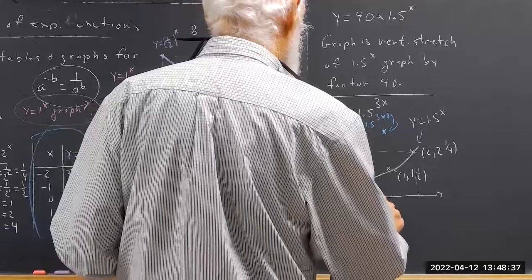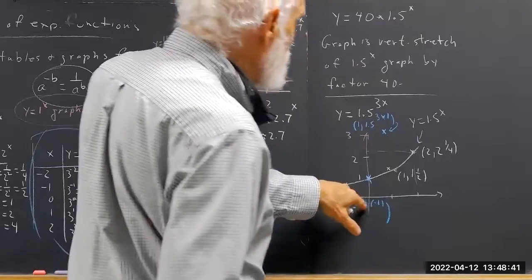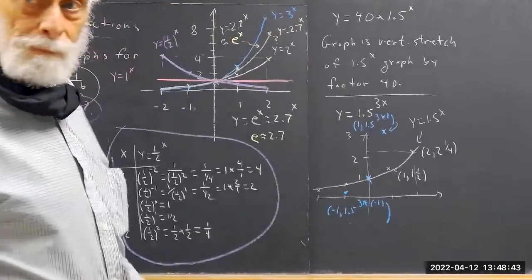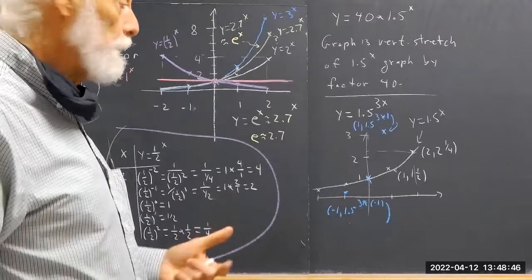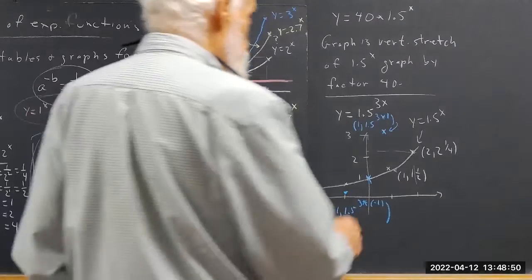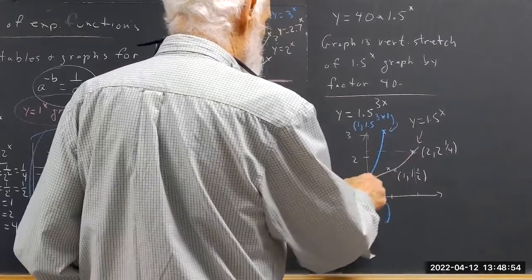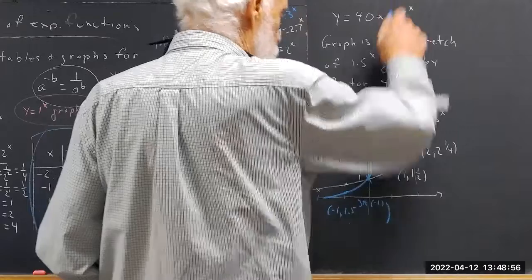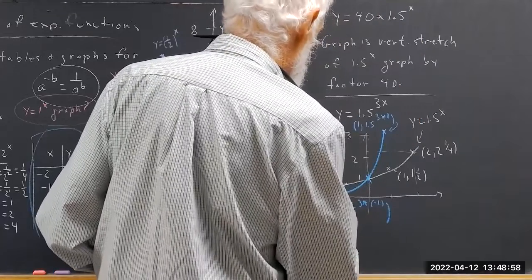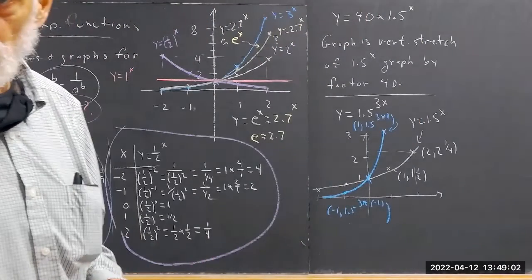But 1.5 to the 3 times -1, which is 1.5 to the -3, which is a little less than a third. So it's a lot lower. So your graph is going to look like this. It's going to go up real steeply here. It shouldn't hit the x-axis. It gets real close to the x-axis pretty quickly.